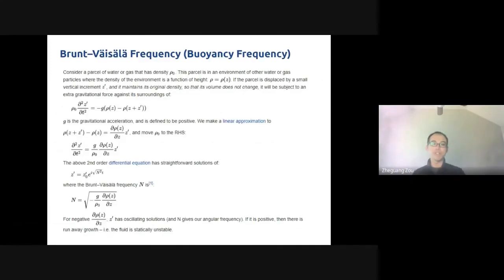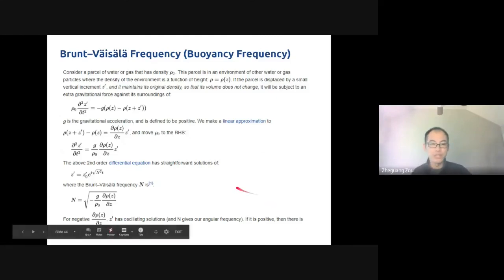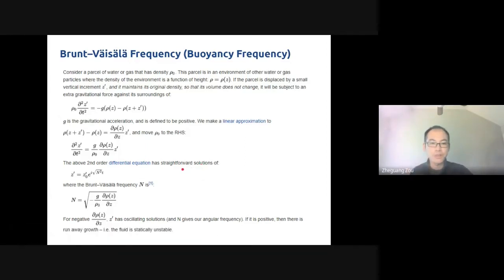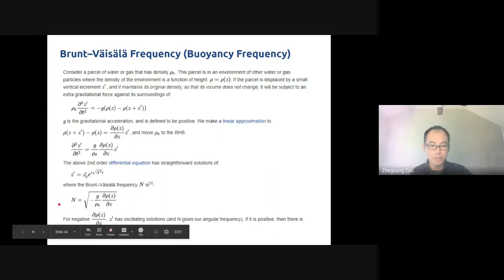So one important concept about internal waves is the buoyancy frequency. I think I run out of time, so I'll be a bit quick here. This is the buoyancy frequency. I'll skip where it comes from. It has this form.